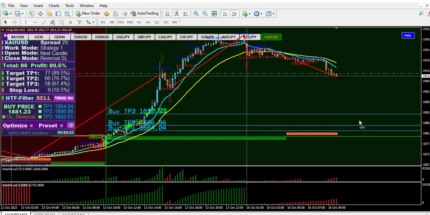And that was why I added a few indicators together. You can check the single indicator and see how it works, but I prefer to combine two indicators or more together to give me more advantage, and that was why I combined a few indicators with this particular Forex tool.